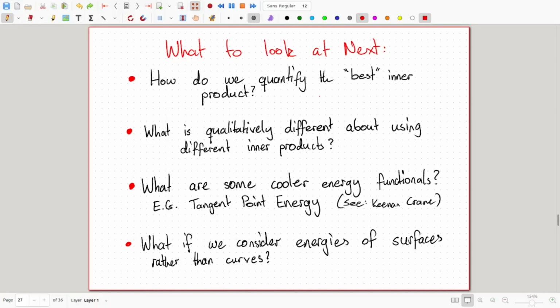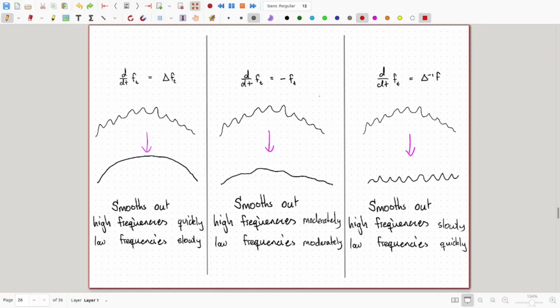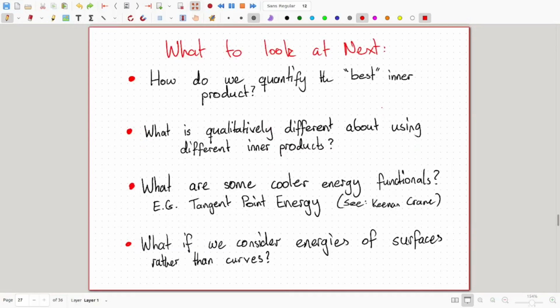Next question is, what is qualitatively different about using different inner products? Can we actually quantify this notion of high and low frequency smoothing in a specific, precise way? And of course, this is maths. The answer is yes.